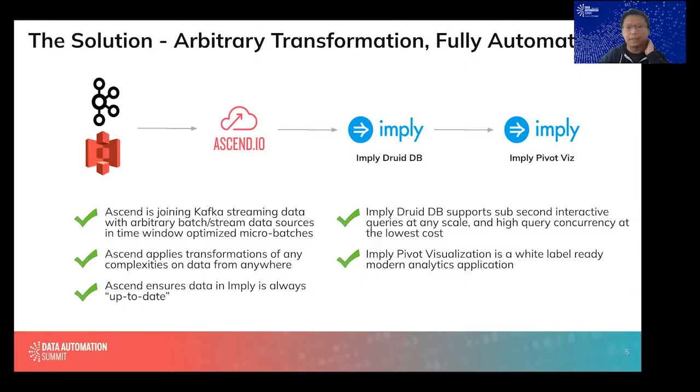As long as any changes from upstream are detected, it's always propagated entirely all the way down into Imply. On the other hand, the Imply Jove database supports sub-second interactive queries at any scale and high concurrencies at the lowest cost. That's the main benefit of Jove as a database.